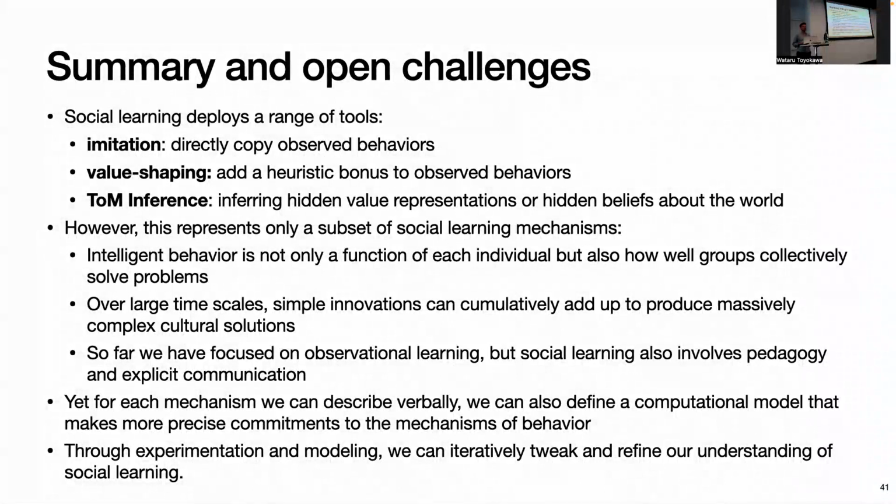I think this is also why in the modeling community, there's less of these ideological arguments and almost feudalistic infighting between different groups, because often we can just put these to empirical tests. And through experimentation and modeling, we can iteratively tweak and refine our understanding of social learning as well.